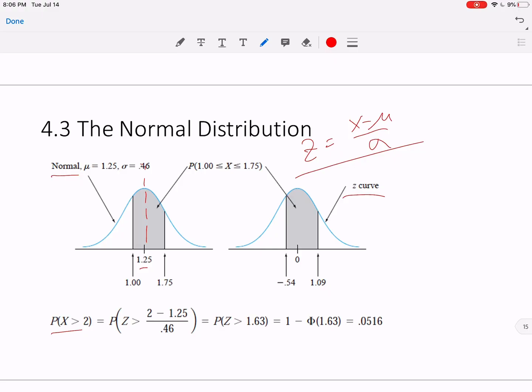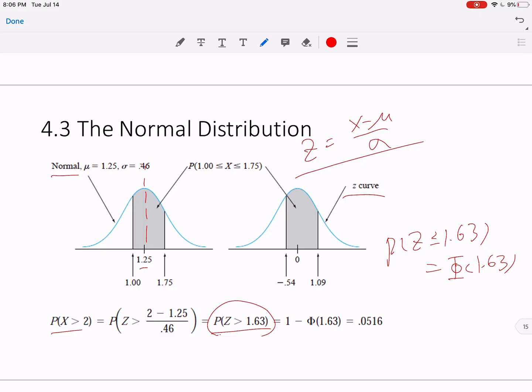This would be equal to z greater than 1.63. As I mentioned before, we are not finding this probability directly from the z table, so what we can find is the probability that z is less than or equal to 1.63, which is phi of 1.63.